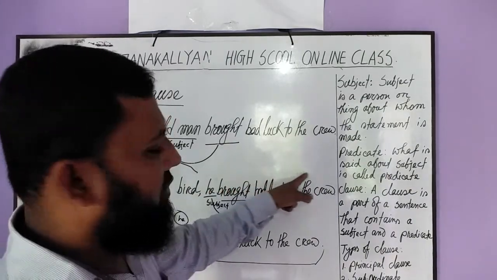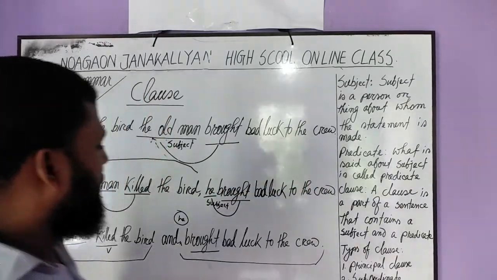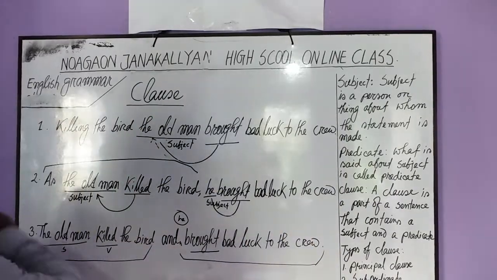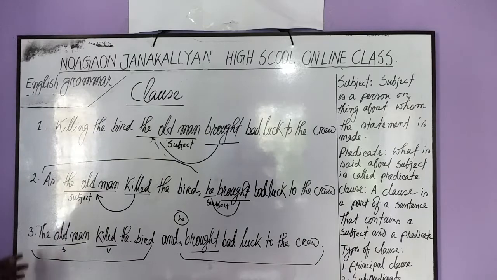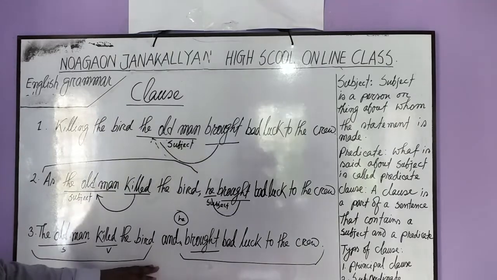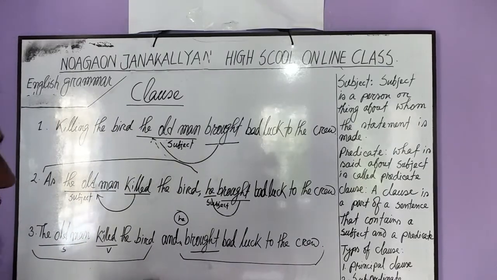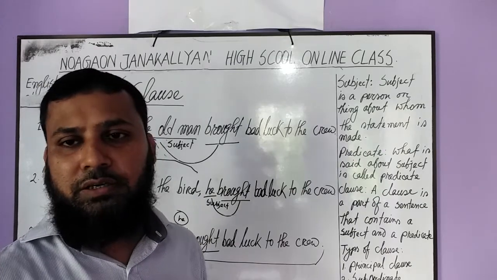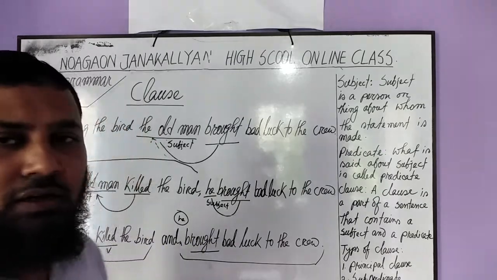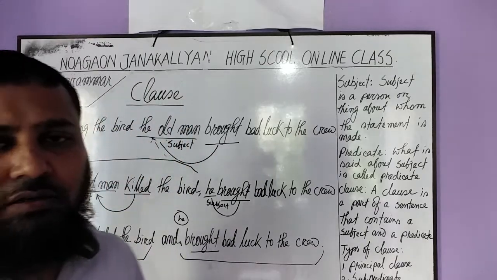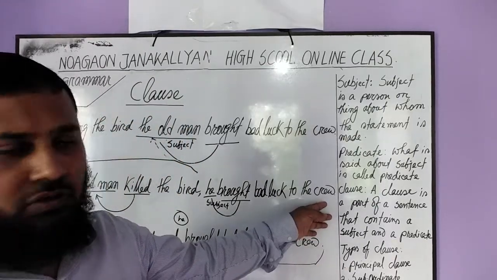Brought bad luck to the crew, it's a predicate. So it's another clause. In the third sentence we can see that there are two clauses because there are two subjects and two predicates. Dear learners, I think you have understood the definition of clause.